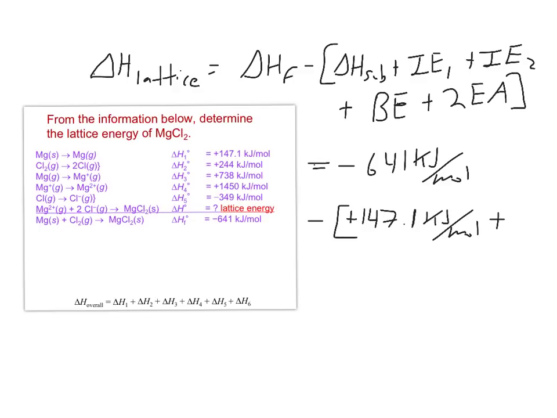Next, the first ionization energy for magnesium is here: magnesium to magnesium plus. That's the value. Then ionization energy 2, we'll need that: magnesium plus to magnesium 2 plus. Those are ionization energies 1 and 2.